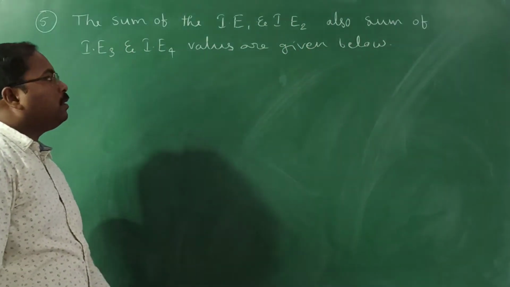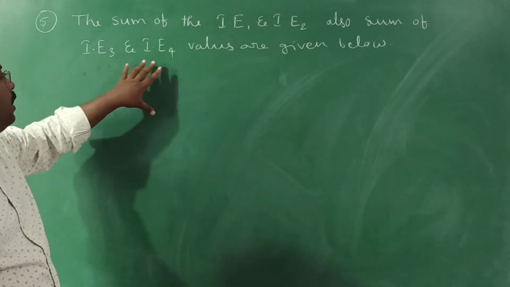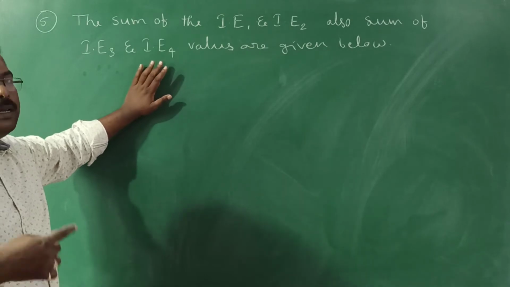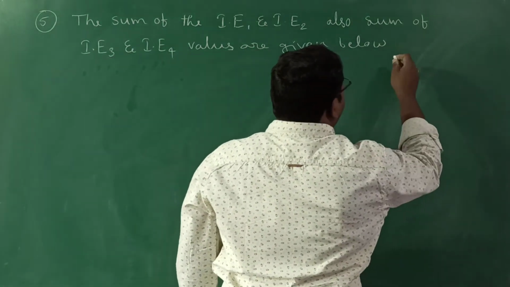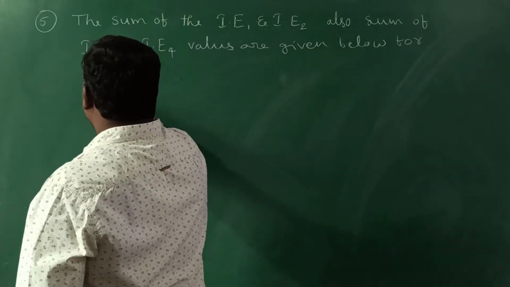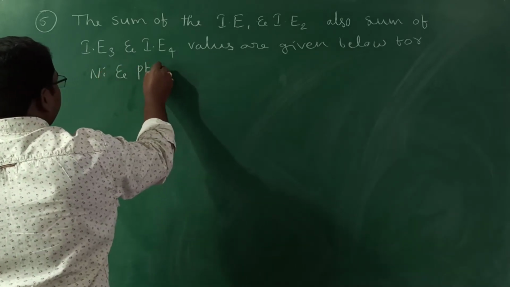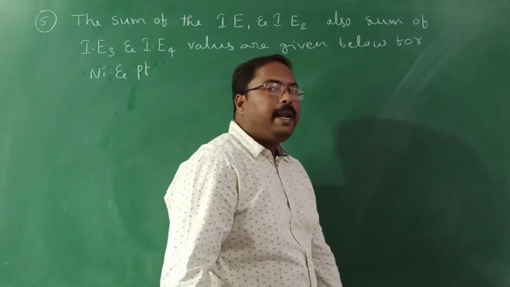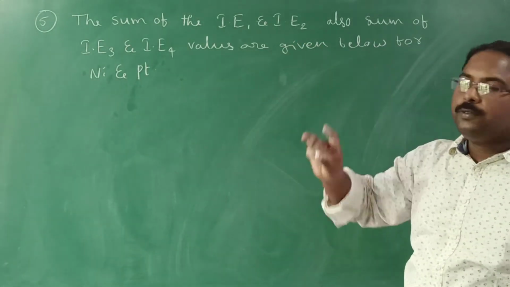The sums of the first and second as well as third and fourth ionization values are given in tabular form for nickel and platinum. So both for nickel and platinum, the sums of the first and second as well as third and fourth values are given.